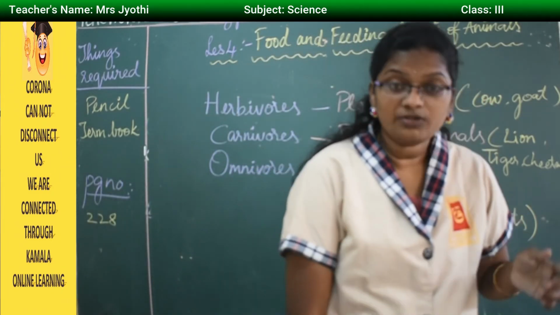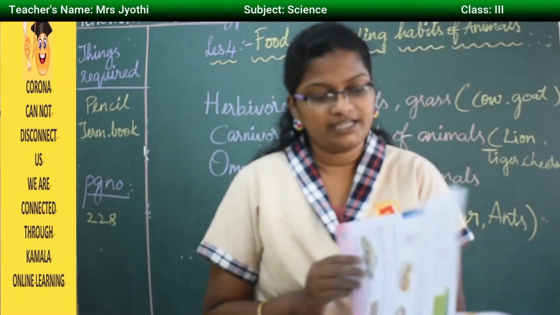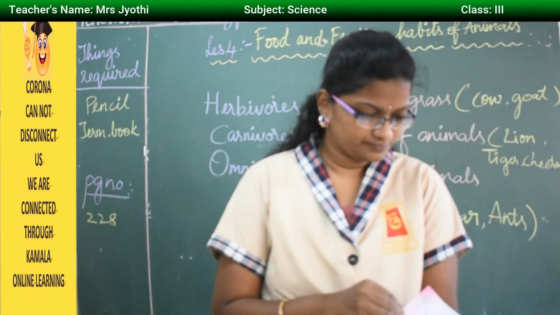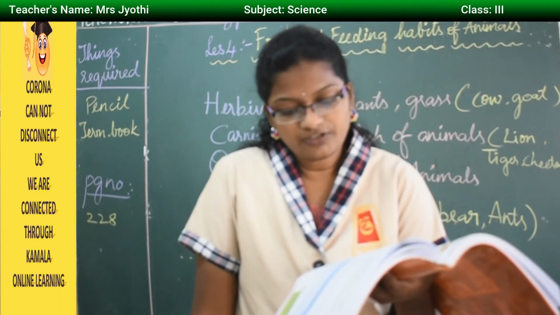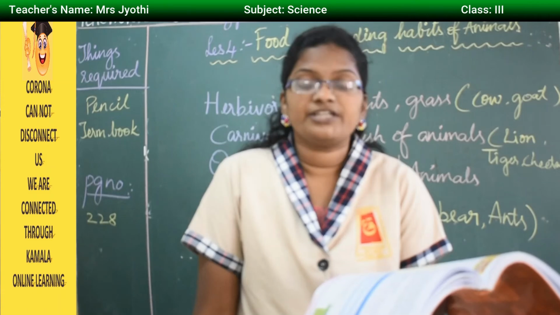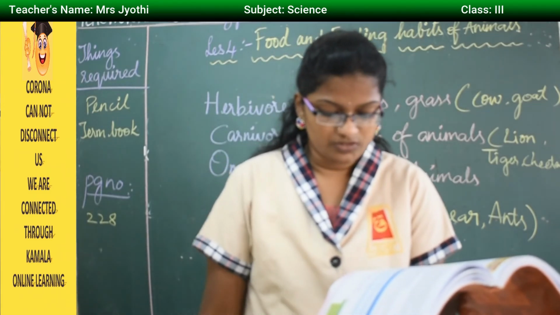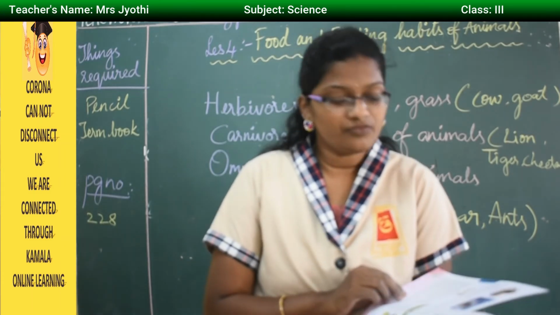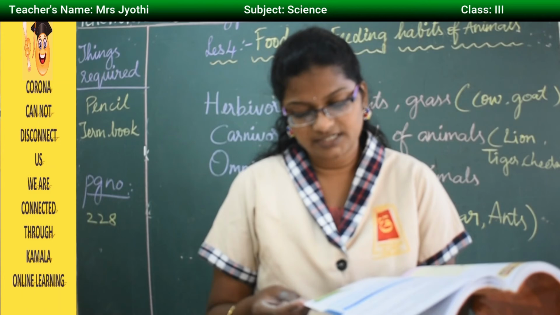So let us look into page number 229. Animals and their eating habits. So based on the food they eat, animals are classified into three types: carnivores, herbivores and omnivores. About this carnivores, herbivores and omnivores we are going to see in the next session.